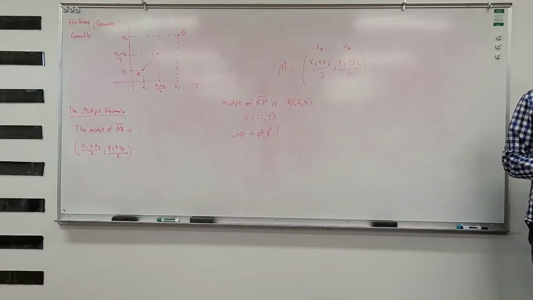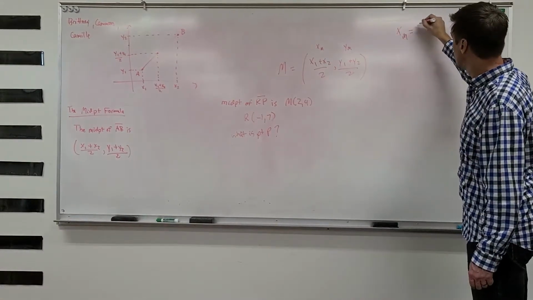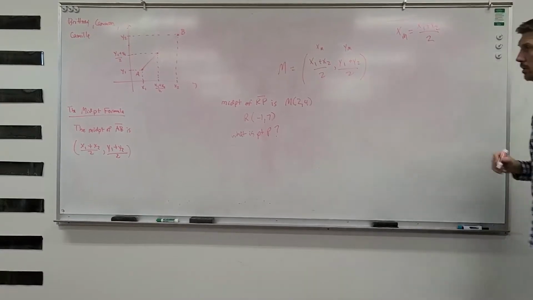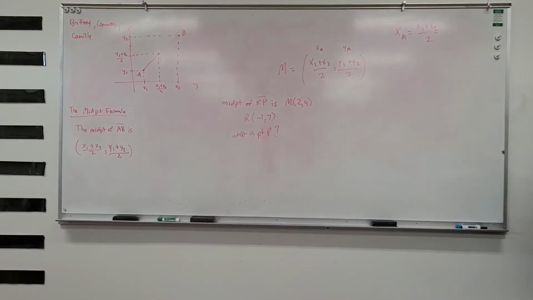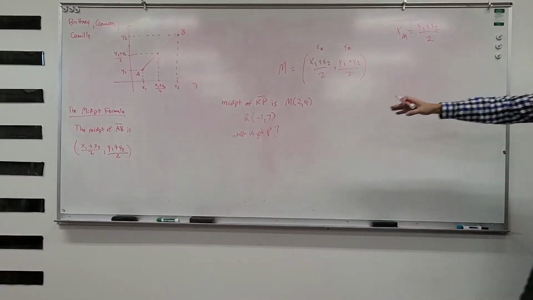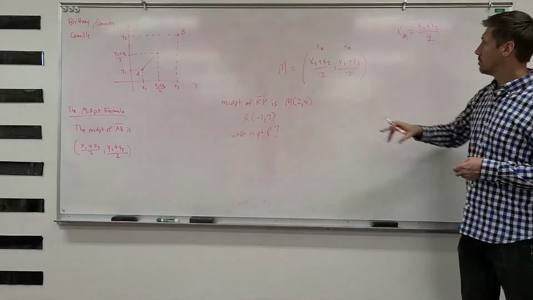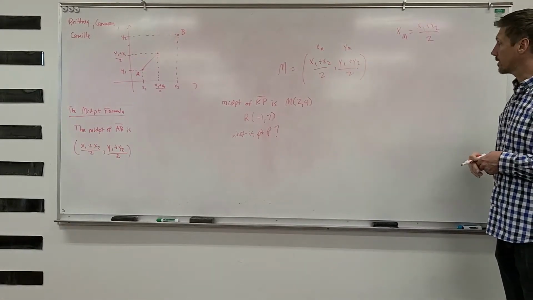So the x coordinate of the midpoint equals (x1 + x2) over 2. I can plug in my value for x for R, plug in my midpoint x, and then solve for the other x, right? So let's do that.